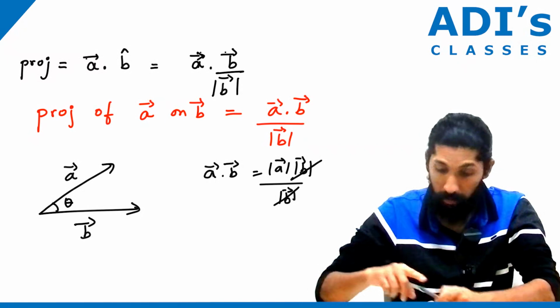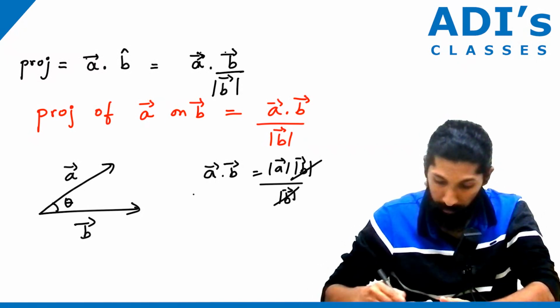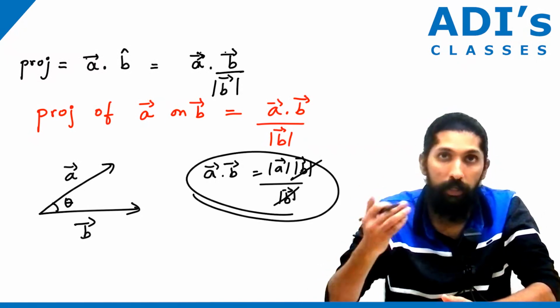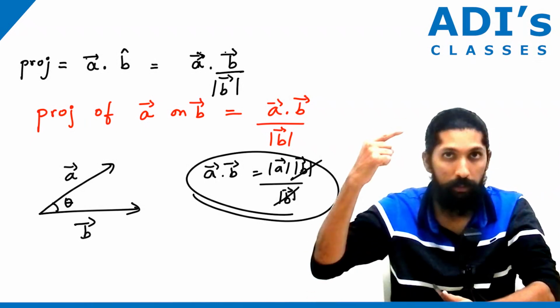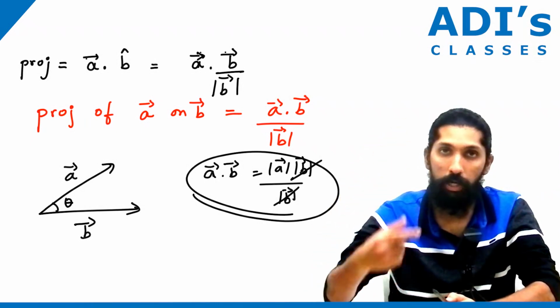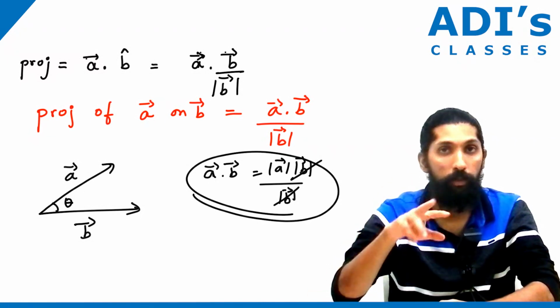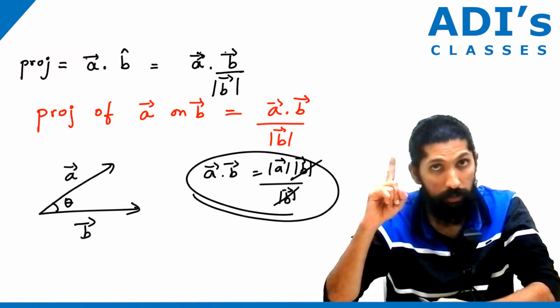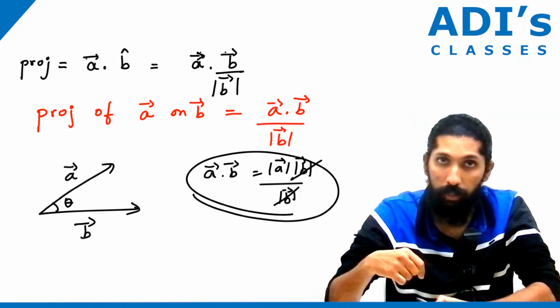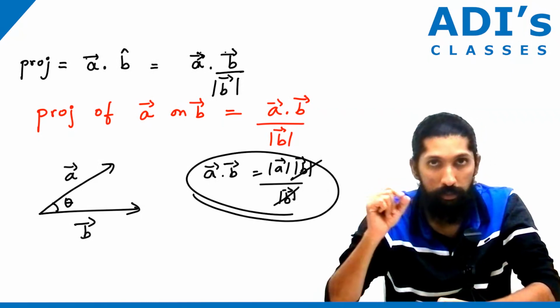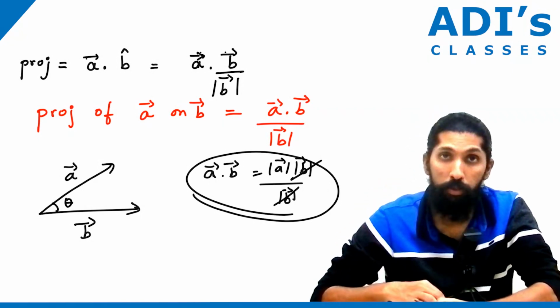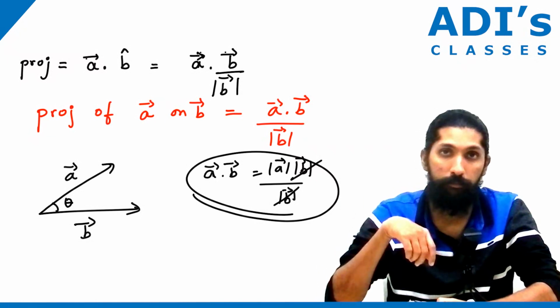That's why in the 0 degree case we got vector A itself. Your vector A and your projection is your shadow. But if the sun is right above you, there is no shadow. That's why when theta is 90 degree, there is no projection of vector A on vector B.